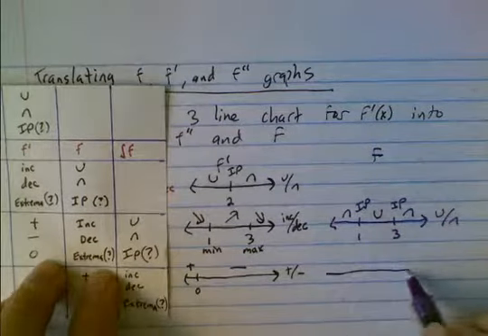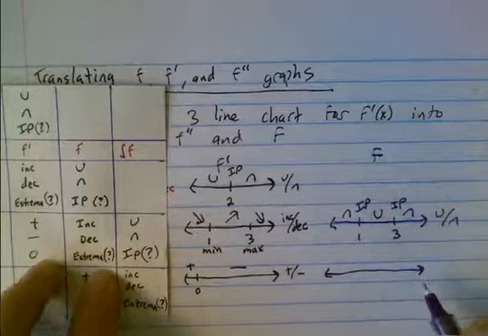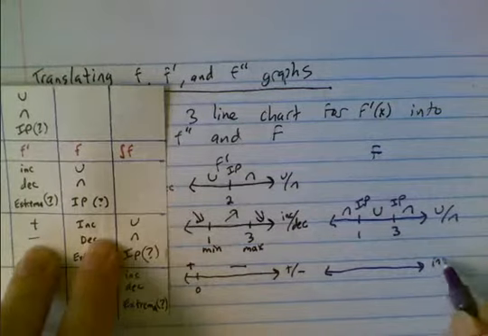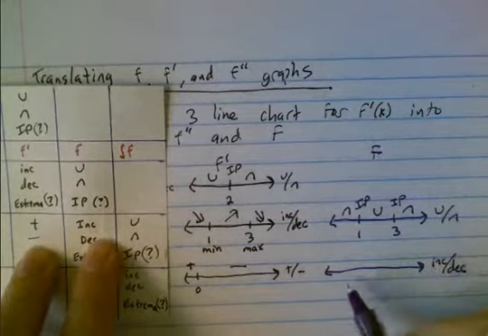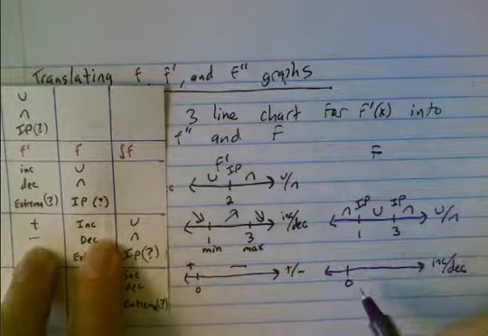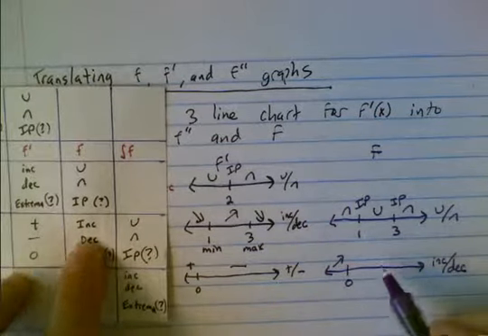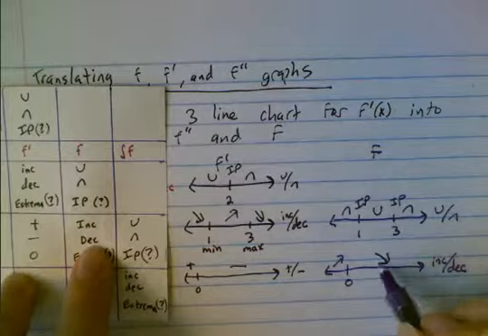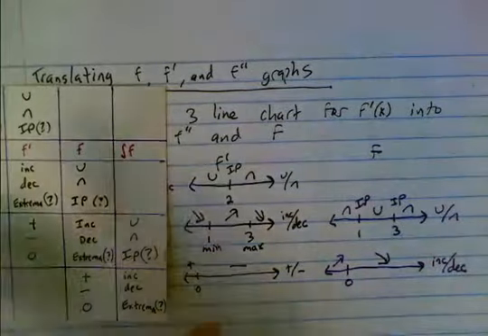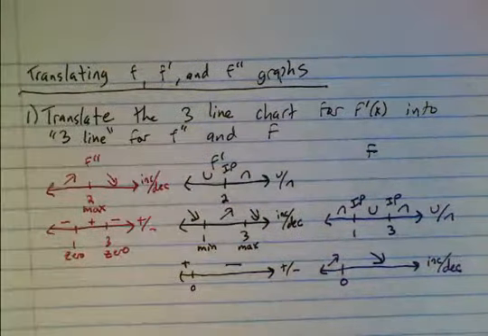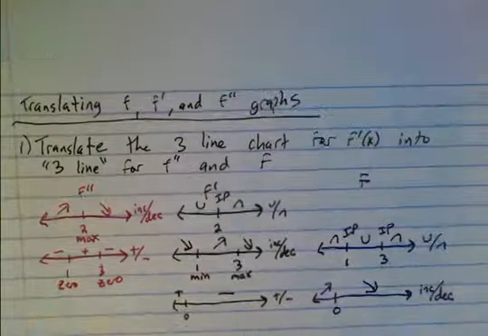Okay, for this one, positive and negative translates into increasing, decreasing. Positive, increasing, negative, decreasing. And there we go. We've done our translations.